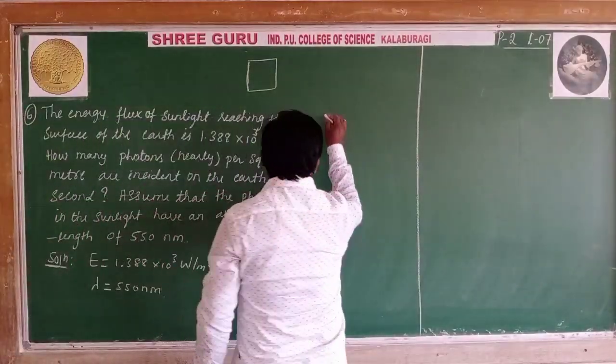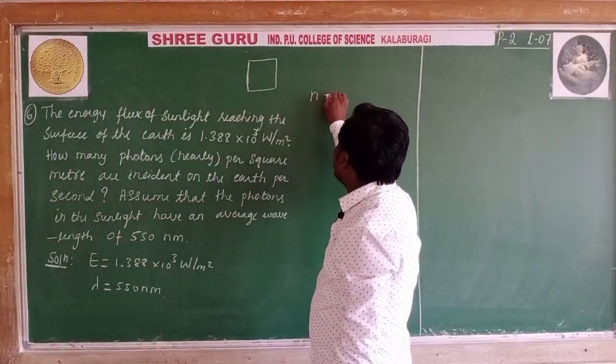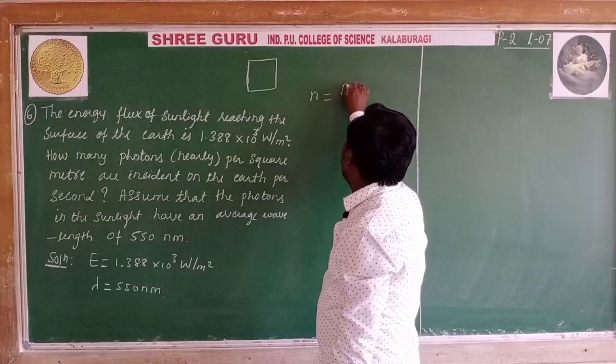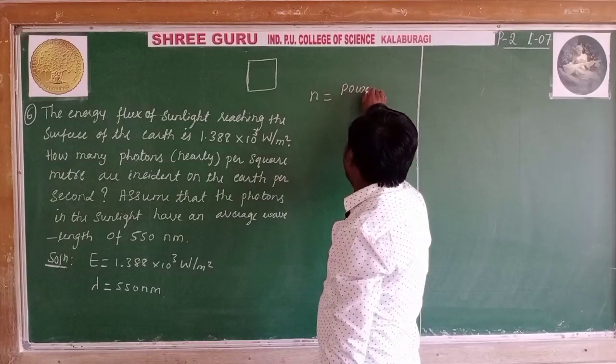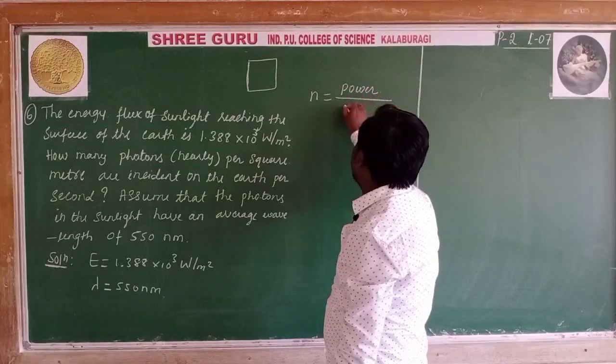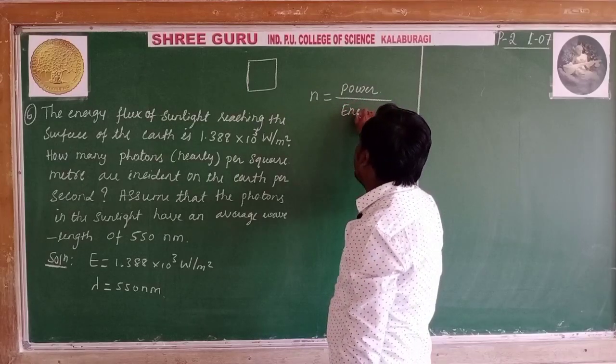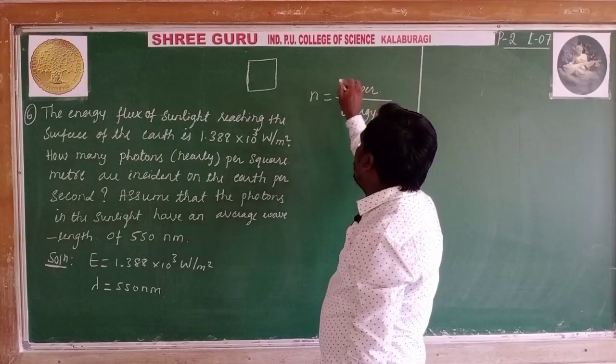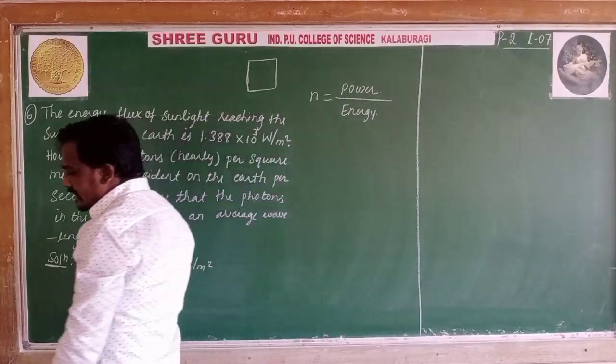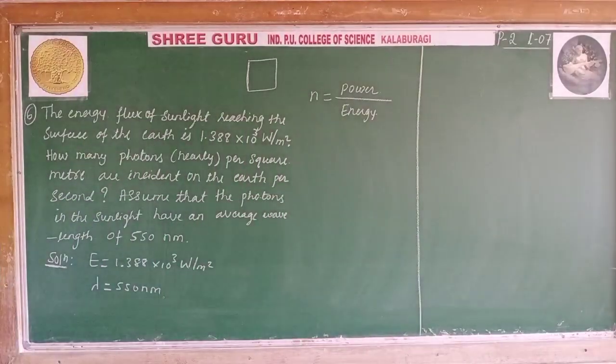Already we know the relation. What is that relation? Number of photons emitted, a certain power with respect to certain energy. How to write in terms of power?